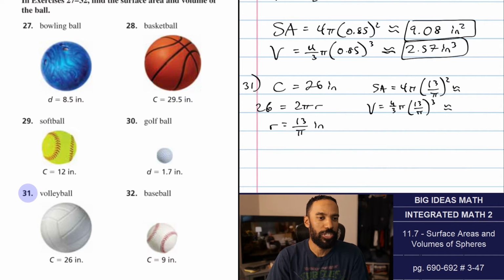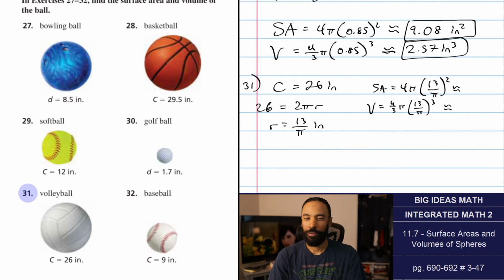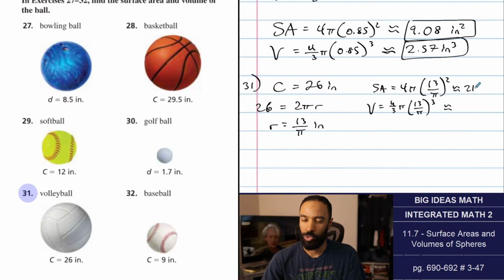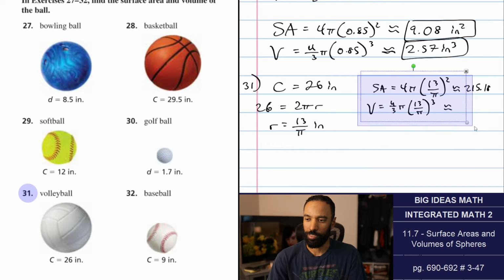Okay, so 13 over pi. Oops, I typed 13 pi. 13 over pi. Did that work? 215.18 square inches, this is surface area. Let me fit this over here just a little bit.